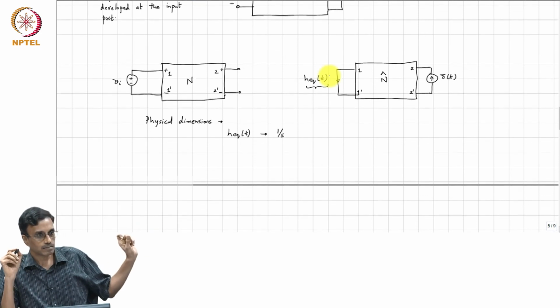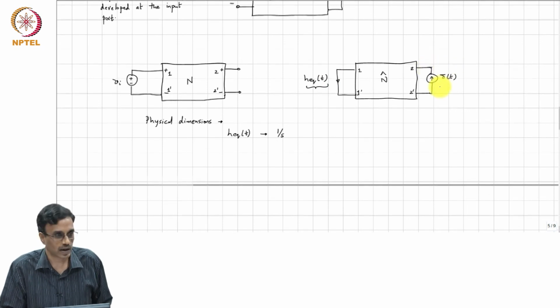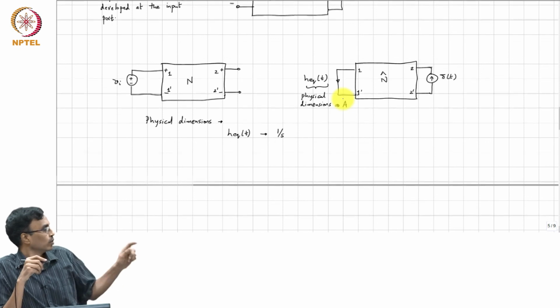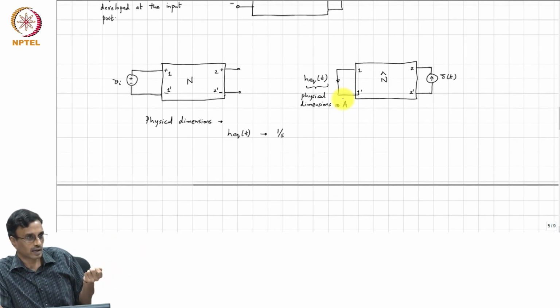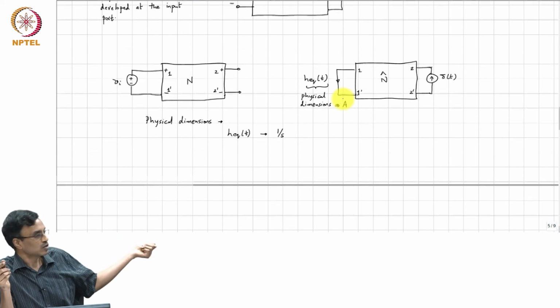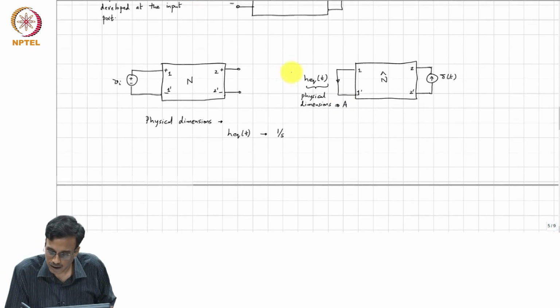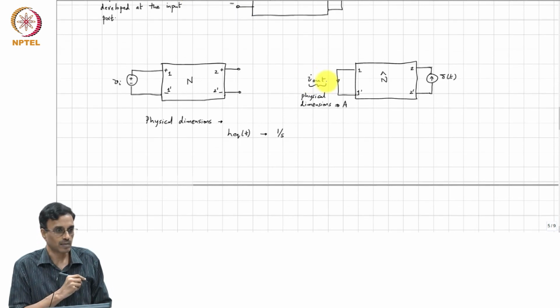So, you have to divide this by ampere second. If delta of t is an input current, the physical dimensions of this are amperes. If you have a wire and you are measuring current, you will measure amperes, but impulse response has dimensions of 1 by second. So, let me be a little more careful here. This is I out, whose physical dimensions are amperes.